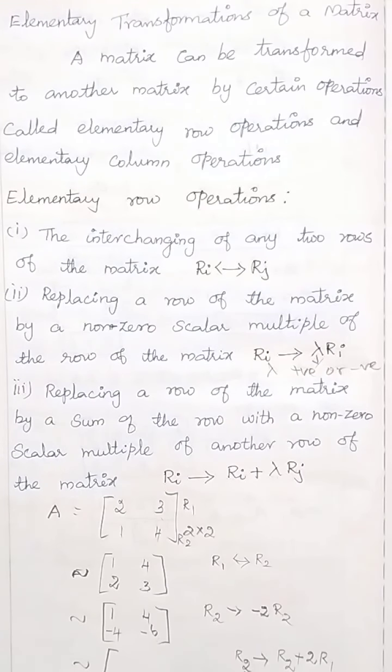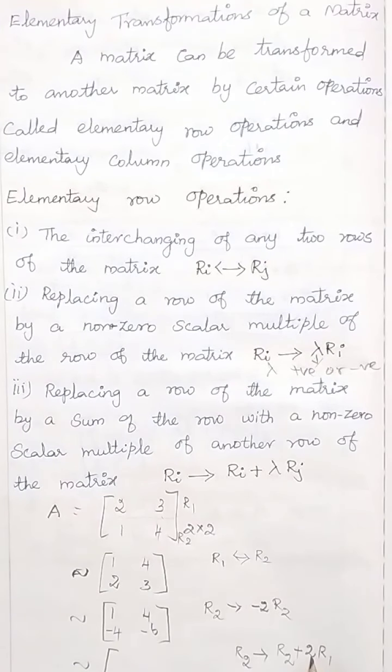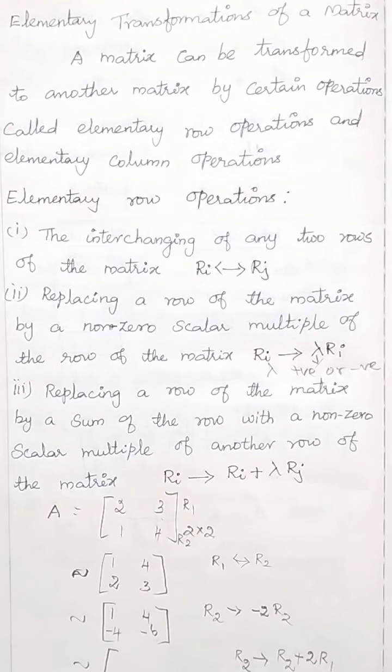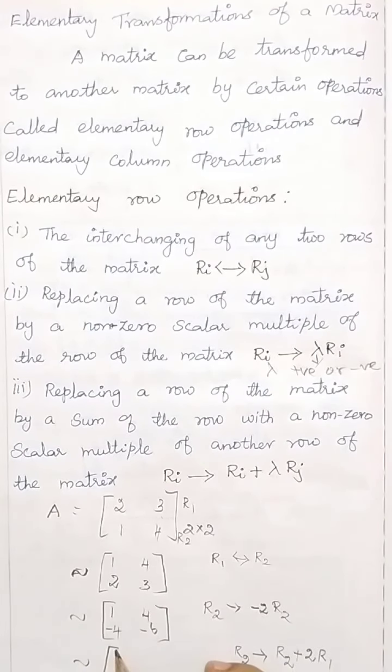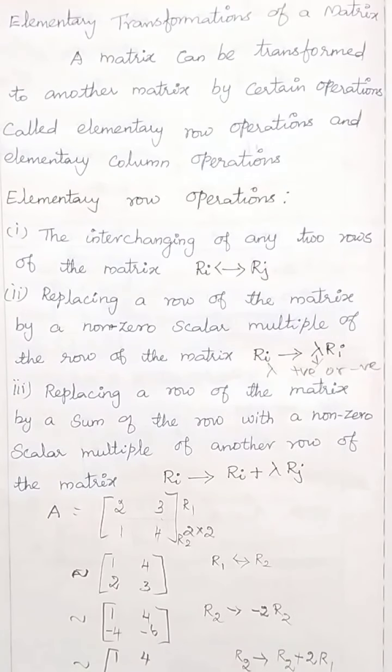Okay, right? Here our lambda value, you take any one of the numeral values, not 0, because this is a non-zero scalar, right? So first row as it is you write, our second row will be changed.